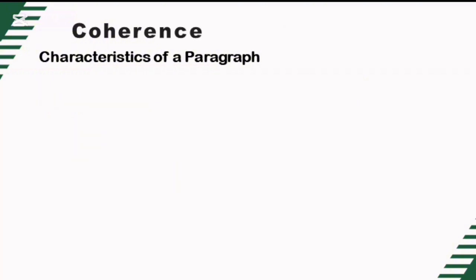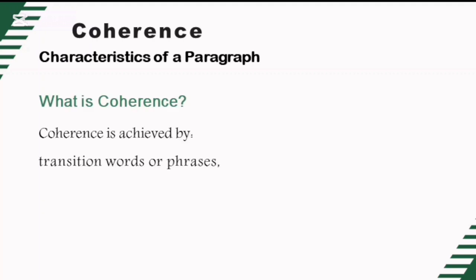This calls for coherence. Coherence, on the other hand, is achieved using transition words or phrases like in addition, also, furthermore, on the one hand, on the other hand, and other transitions to link one sentence with the other.